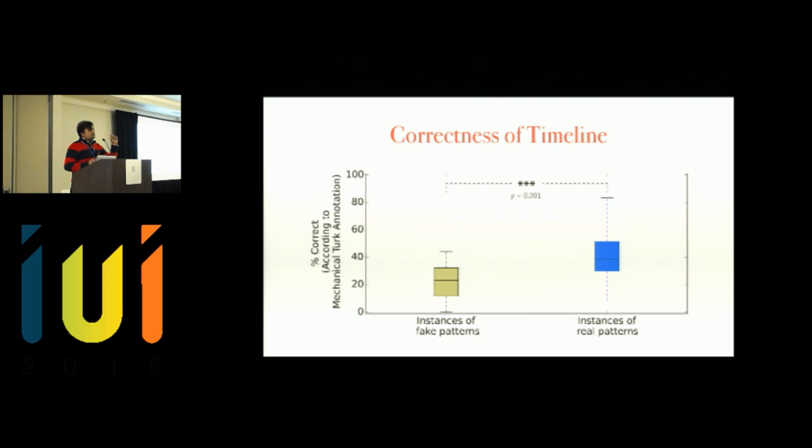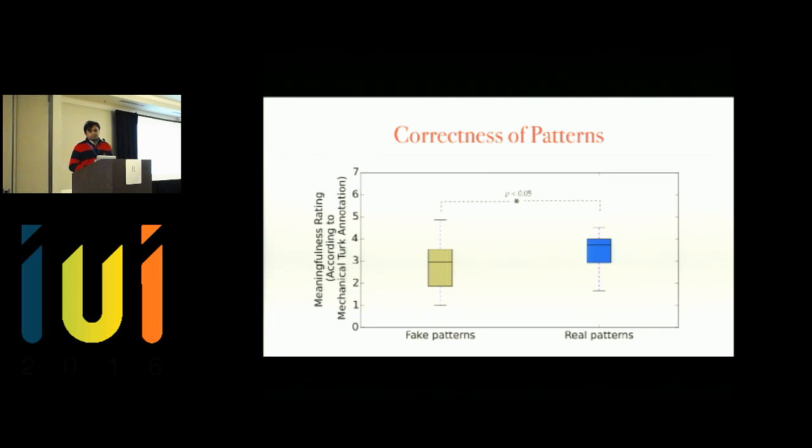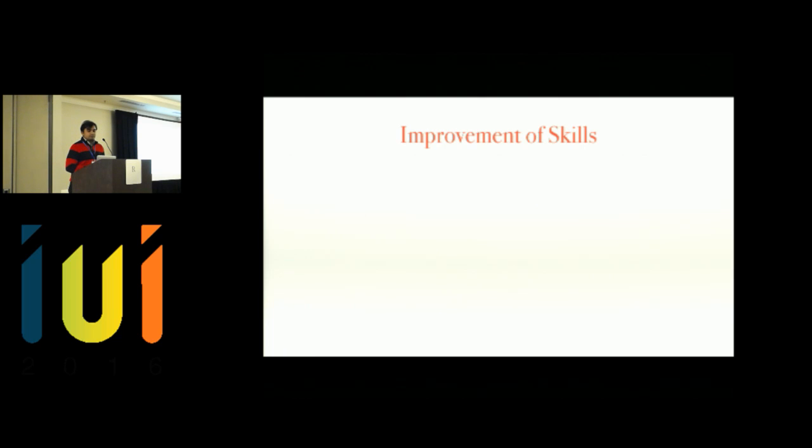They rated each and every time instance in the timeline and evaluated whether these are correct or not. And there is a significant difference between the fake and real patterns. These are the correctness of patterns. Here is also a significant difference.